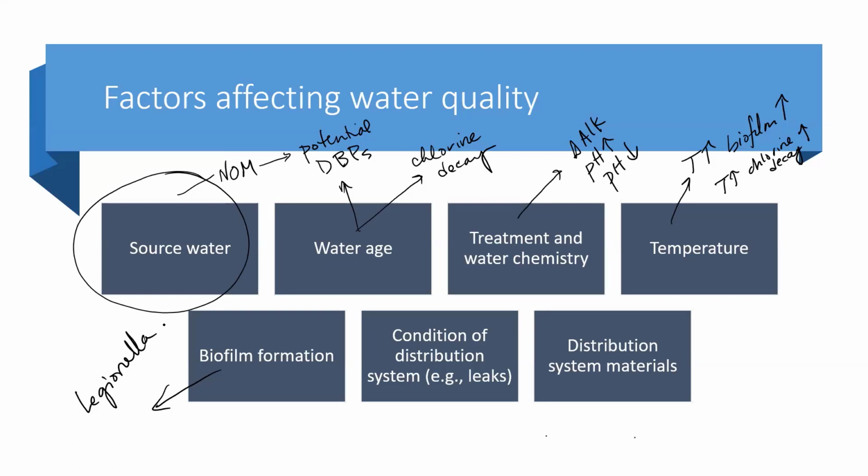That rust can slough off and you end up with red water. And the distribution materials also play a significant role. Common distribution materials, PVC, copper. Common previously was lead, galvanized. Let's see, what else? Cast iron. So various different types, and they will play a significant role in water quality.